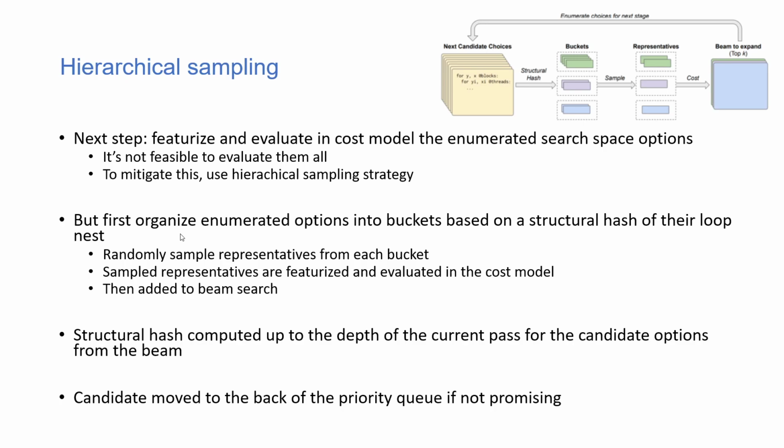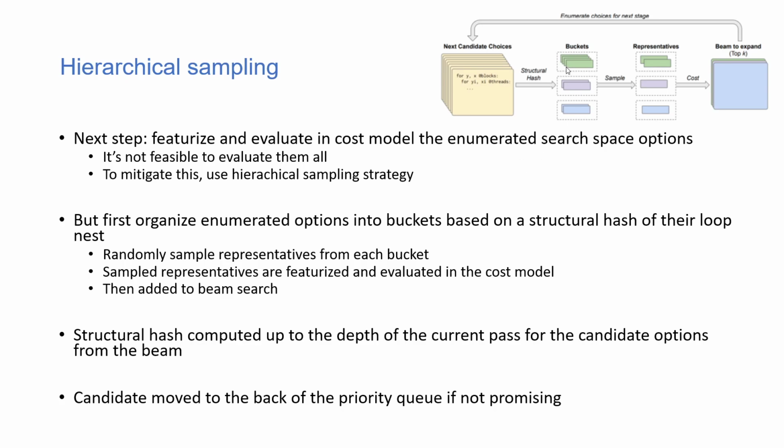In the previous slides, I talked about choosing the serial, thread, and block loops. I understand that they were perhaps assembling the schedules that are going to be considered in the search. That's my understanding. Now, going back to the hierarchical sampling, it's not feasible to get the features and evaluate the cost model for all the options.